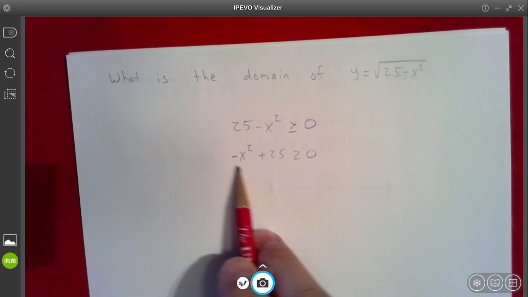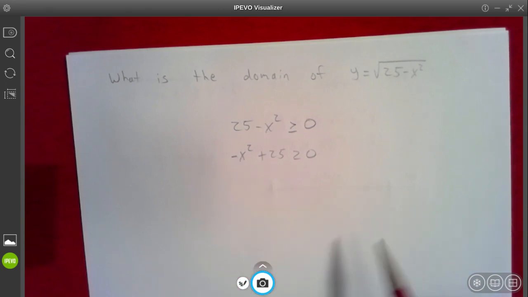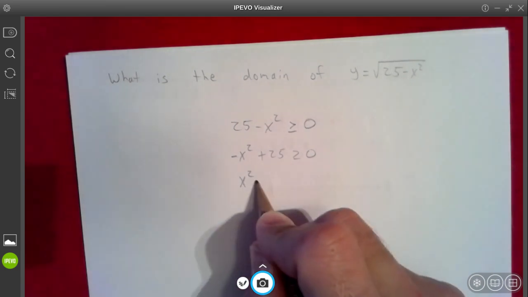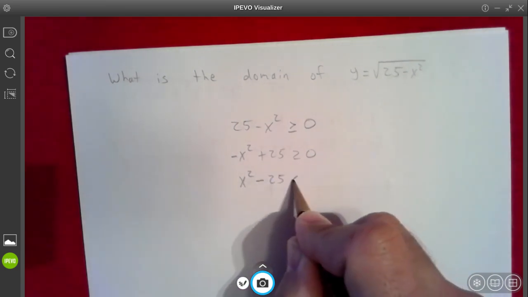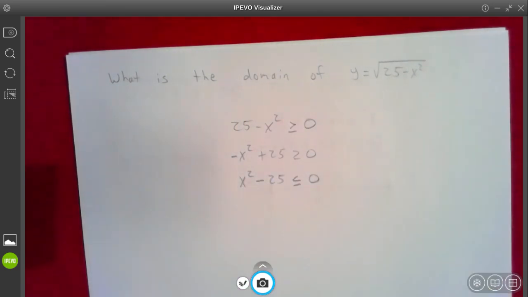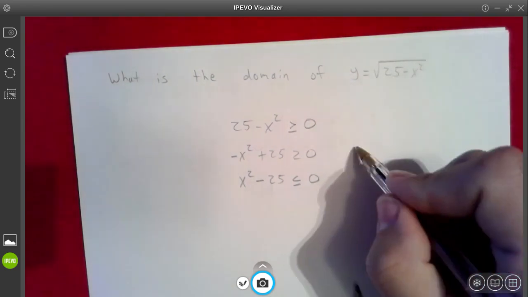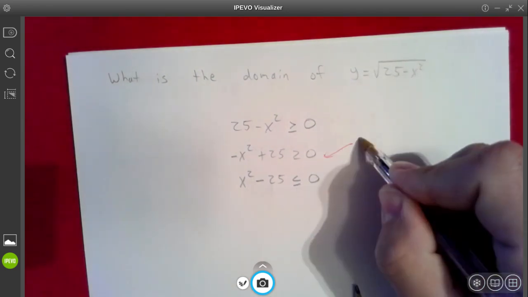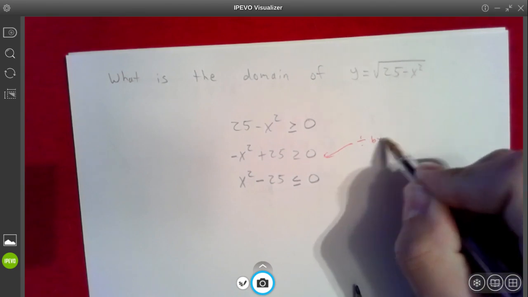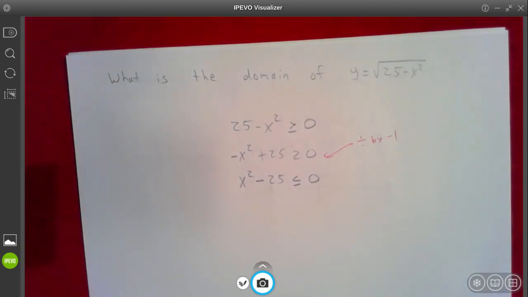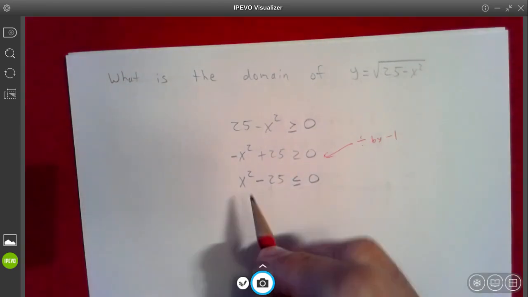And then I would divide by a negative to make sure that my leading coefficient was positive. So that would give me x squared minus 25 is less than or equal to 0. So right here, I divided by negative 1. That's what I did. So I flipped my inequality symbol.